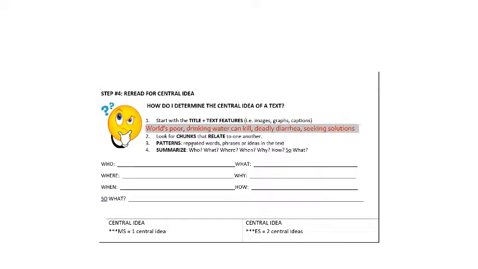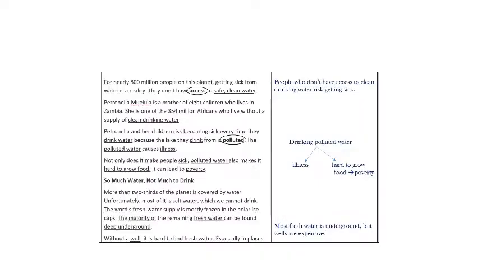Okay, now I'm going to look for chunks that relate to one another. What I'm going to do is read through my chunks and try and decide how they are related. The first one, people don't have access to clean drinking water, risk getting sick, is really a statement of the problem.